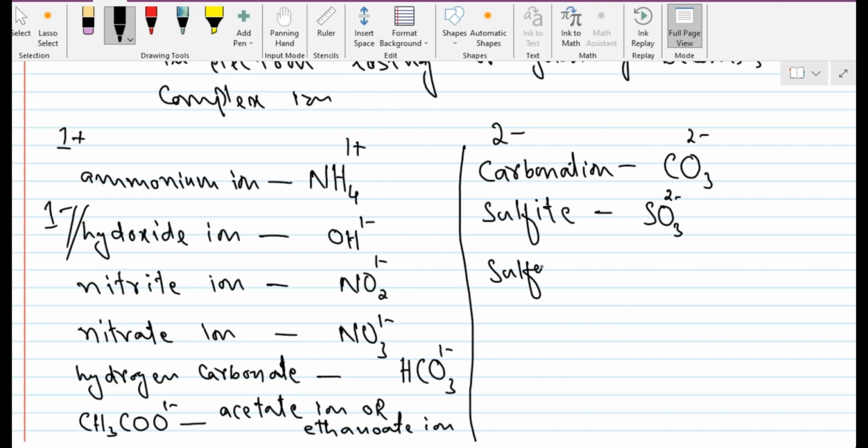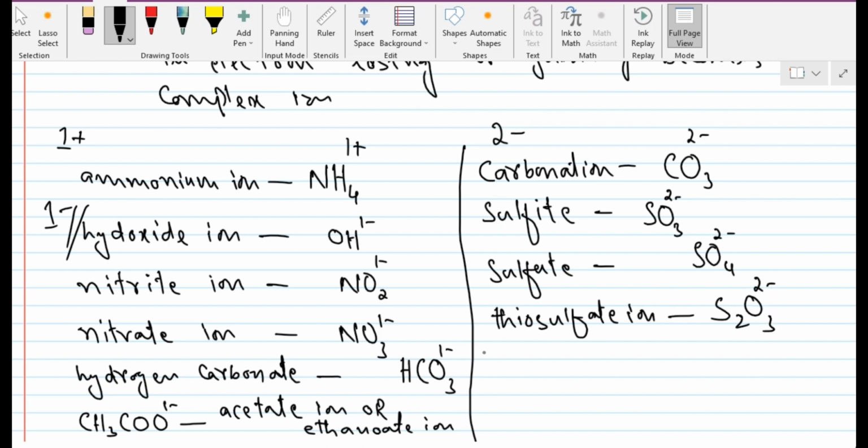Sulfate with the formula SO4, 2 negative. Then thiosulfate ion. Remember, these are all ions. So this is S2O3 with 2 negative.